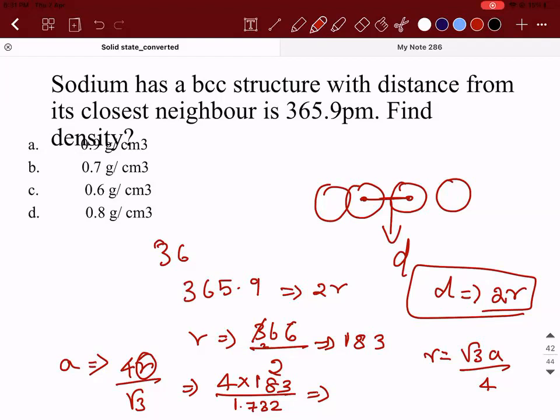The first option A is 0.9. I think this is not 0.9 gram per centimeter cube. Second one is 0.768.